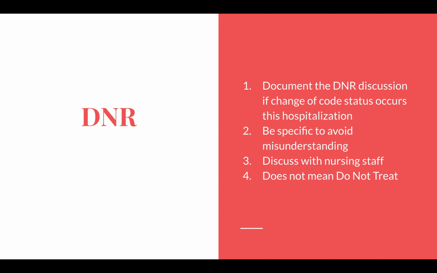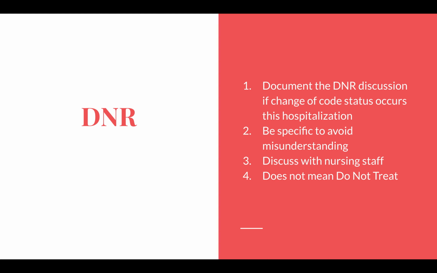It may be from DNR to full code or from full code to DNR-CC or CCA. You want to make sure that you document that you had that conversation and the results of it, not only for you, but for the rest of the providers and nursing staff taking care of the patient. Be specific when talking about this with the patient to avoid misunderstanding.